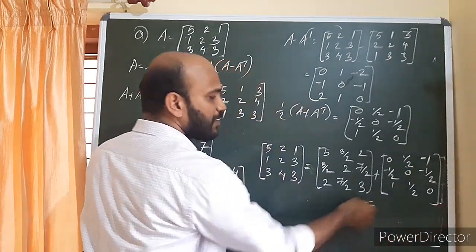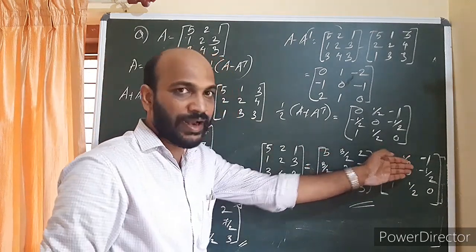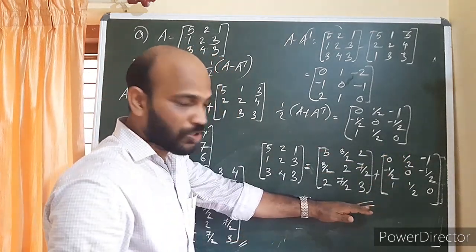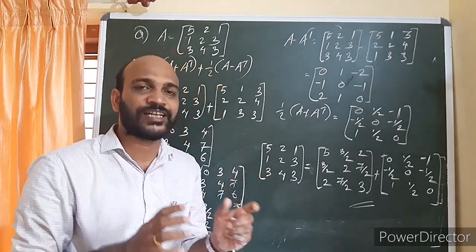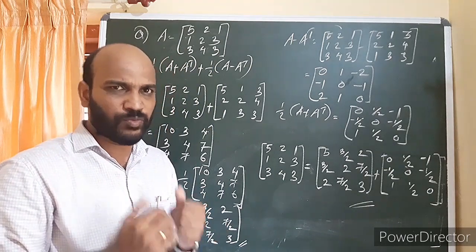So we expressed square matrix A as sum of a symmetric and a skew symmetric. Here you have to stop. So this type of question you can expect for board exam for 2 mark or 4 mark.